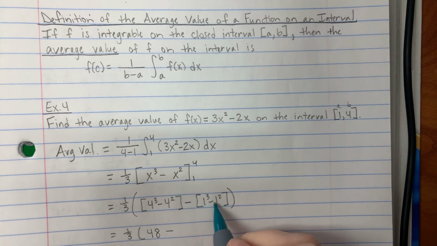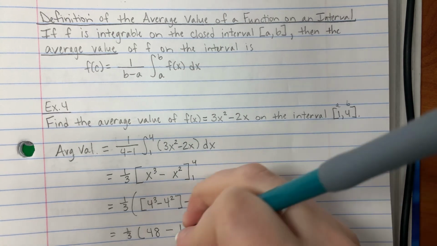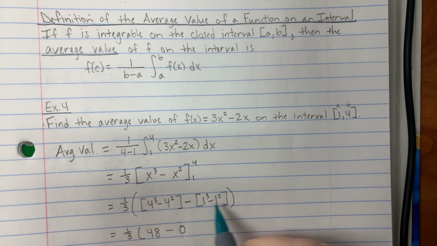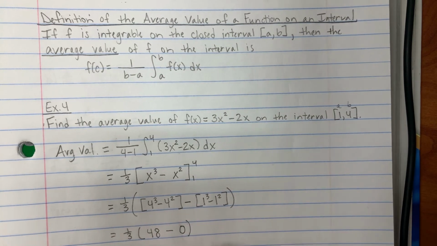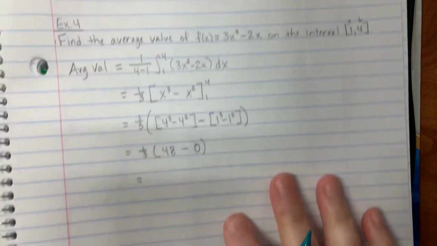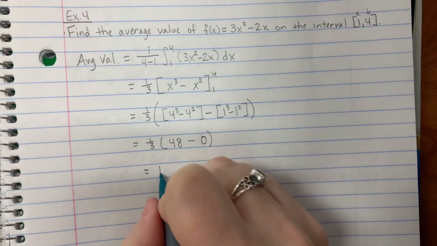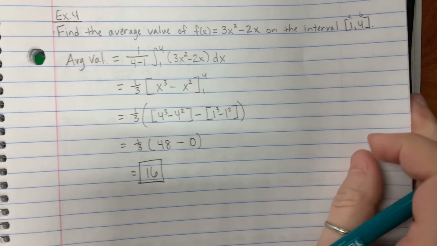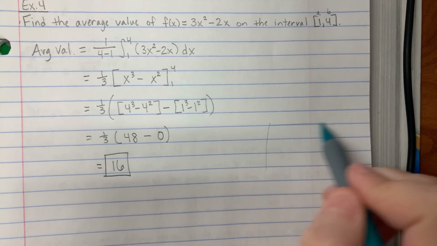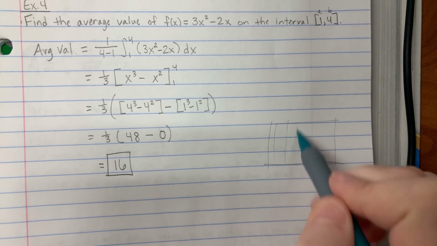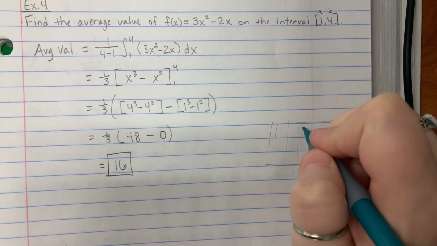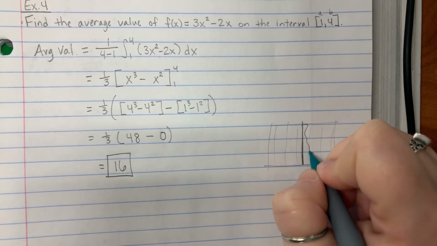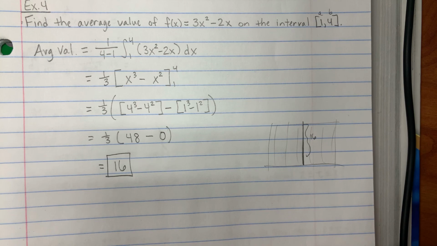Minus 1 to the third minus 1 squared is, no, not 1, sorry, it's 0, because this would be 1 minus 1. So really I'm just finding 1/3 of 48, which is 16. So 16 is that height I was looking for. If I was looking at those rectangles and adding up all of those little rectangles, the height of the one that gave me the average is 16.